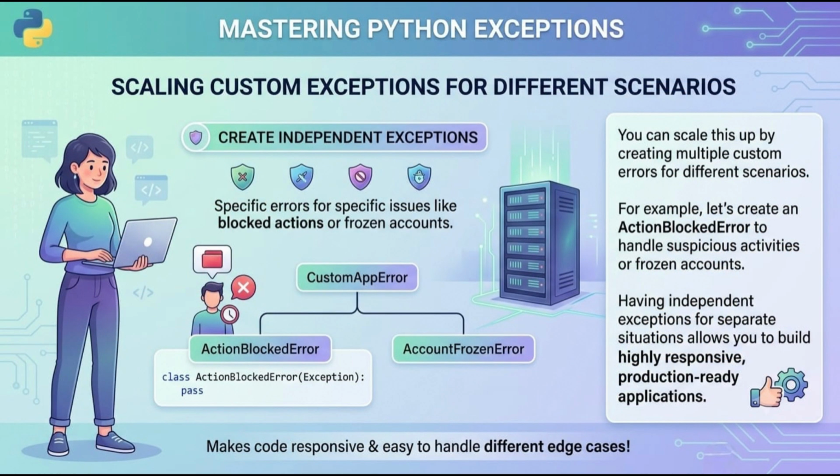You can scale this up by creating multiple custom errors for different scenarios. For example, let's create an ActionBlockedError to handle suspicious activities or frozen accounts. Having independent exceptions for separate situations allows you to build highly responsive, production-ready applications.